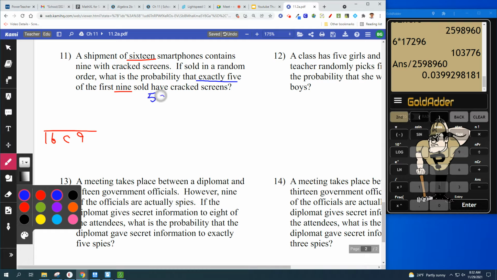So when they say 5 are cracked, there's an implication. If 5 of them are cracked, what does that imply? How many are not? That means 4 are not cracked. 4 good ones.